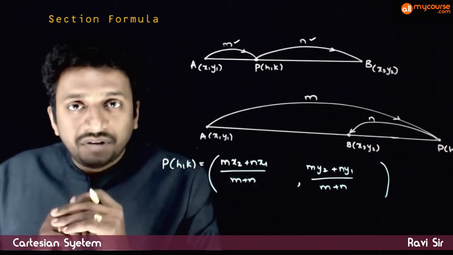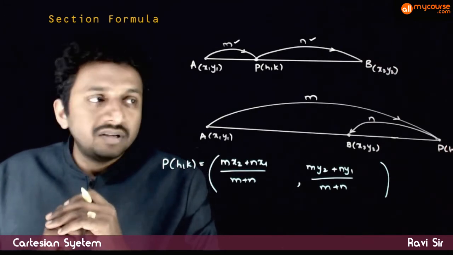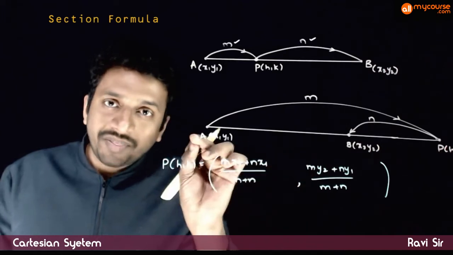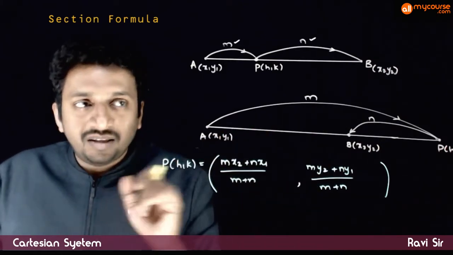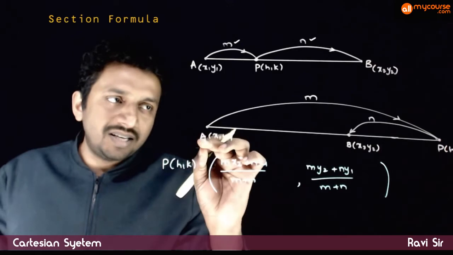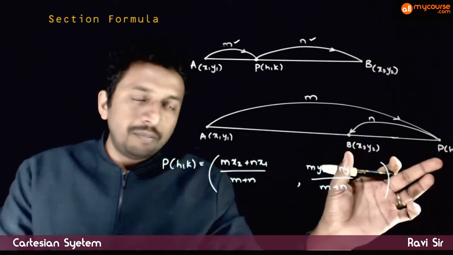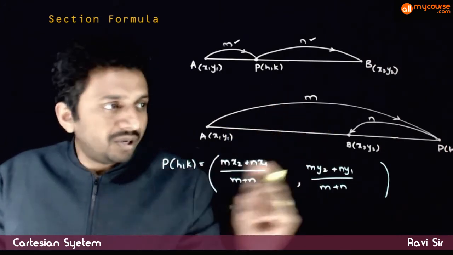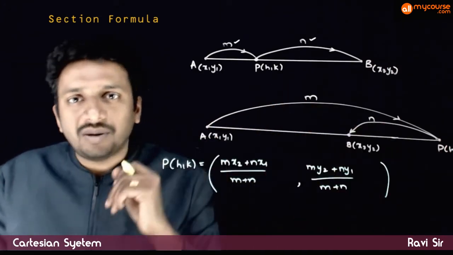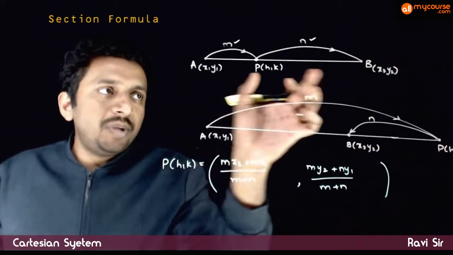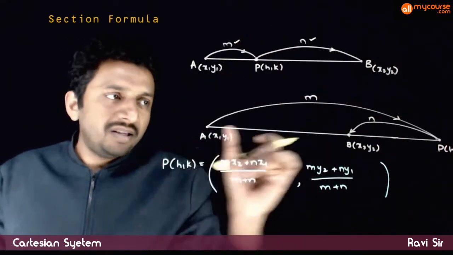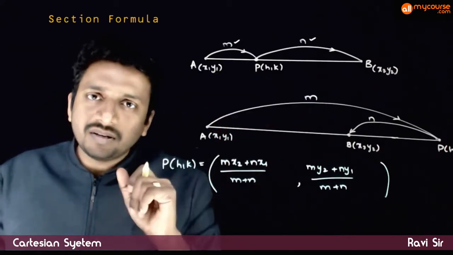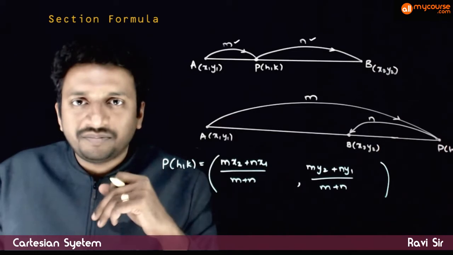There is another kind of division called external division. If you join A and B, a point on the extended line AB, such that the length of AP by the length of BP is equal to m by n, is said to divide AB externally in the ratio m:n. Here also AP by PB is equal to m by n, but here P lies within AB, and there P lies outside AB.